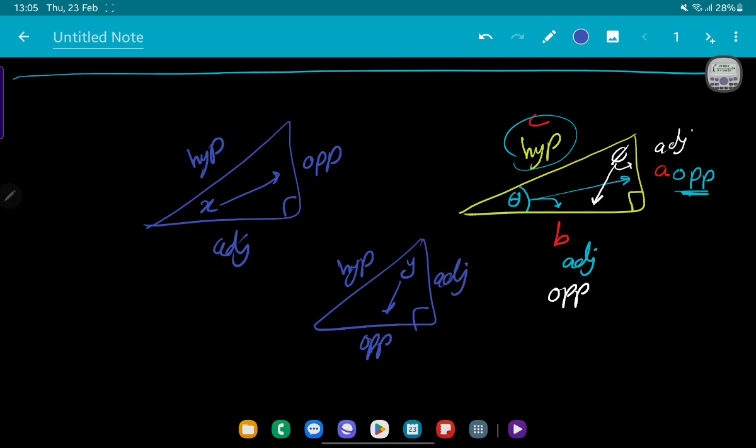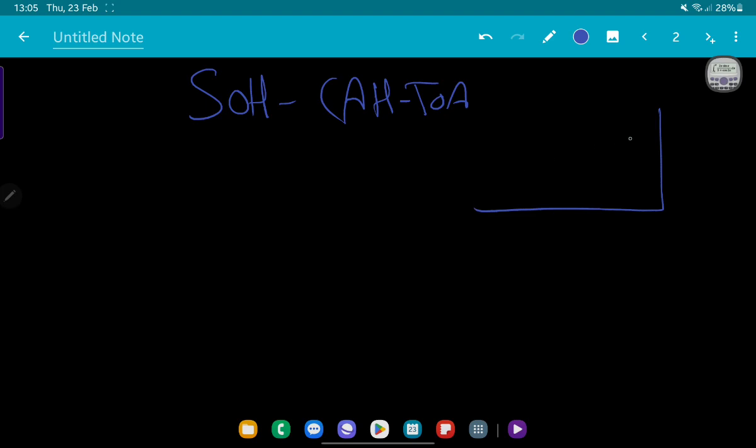We have a well-known ratio between the sides, which is "ka toa".